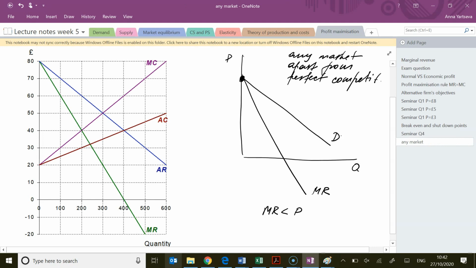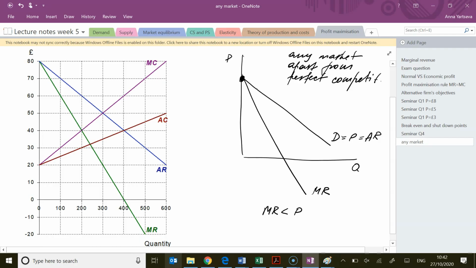And basically, because demand represents the price line and average revenue line as well, by the way, demand is simply the price line. It shows what the price will be for different levels of output. Demand simply shows consumers' preparedness to pay, what price they will be prepared to pay for each possible level of output.